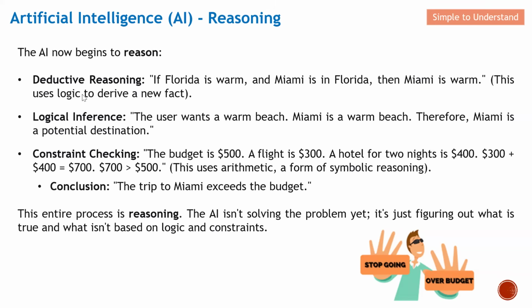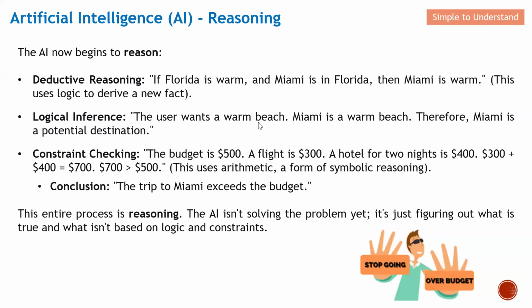As I mentioned earlier, A greater than B, B greater than C, so I can easily conclude that A is greater than C. This is the same example here. If Florida is warm, and Miami is inside Florida, then I conclude that Miami will be warm and I will have a warm beach. This is what it means under logic inference.